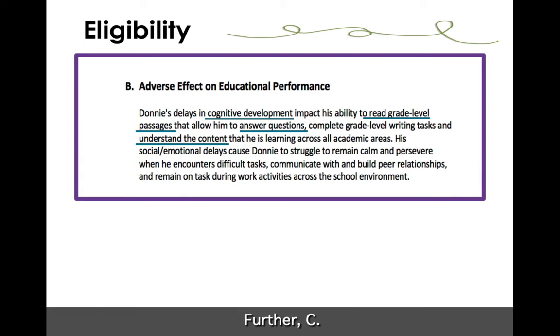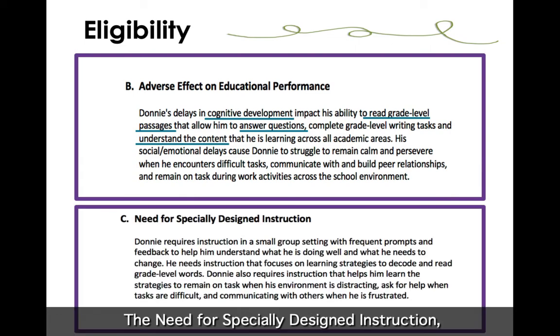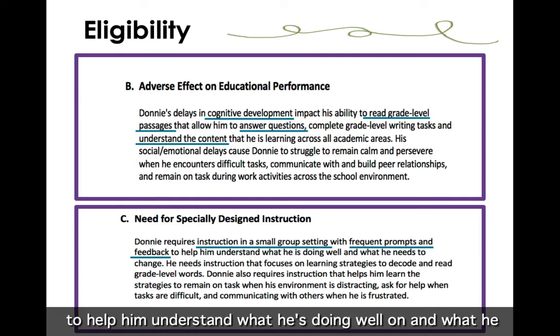Further, C, the need for specially designed instruction, prong 3, Donnie requires instruction in a small group setting with frequent prompts and feedback to help him understand what he's doing well on and what he needs to change.